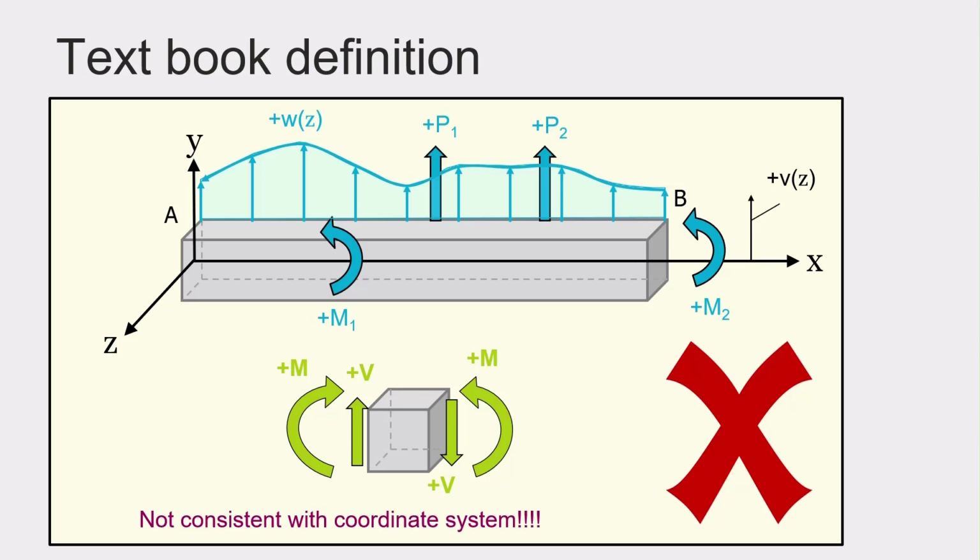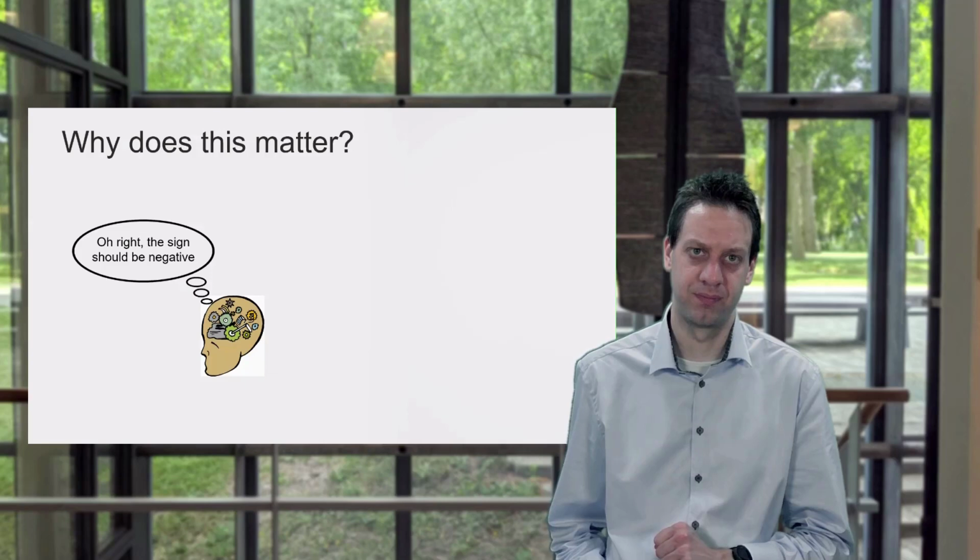But this is not the case. It works in the negative direction of the y-axis, hence they have introduced an additional negative sign, which we will come back to in a later video. We decided not to teach you this coordinate system, but rather a consistent coordinate system.